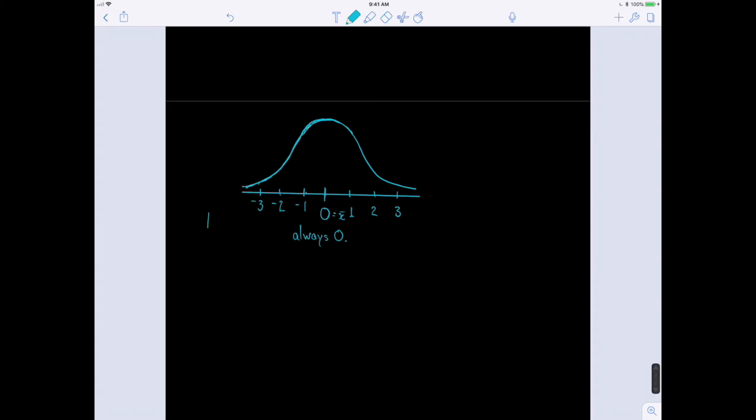So on the left, these are standard deviations below the mean, and on the right, these are standard deviations above the mean.